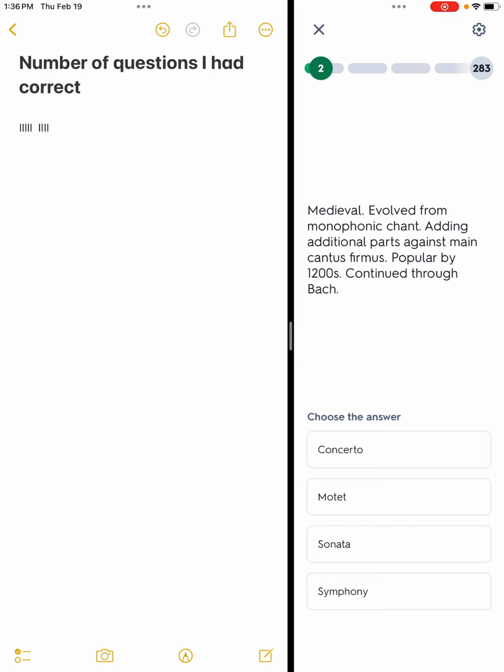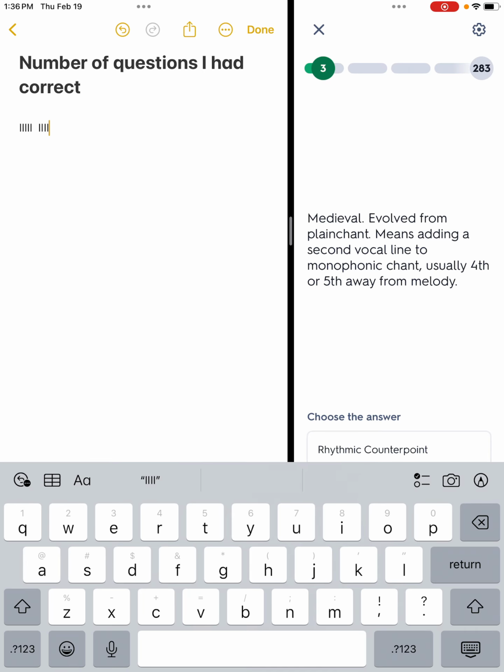Alright. Medieval evolves from modified chant, adding additional parts against the main cantus firmus. Popular, so medieval motet. Alright, that's 10 so far. Okay, so I'm going to add 2 spaces so it gets some room.